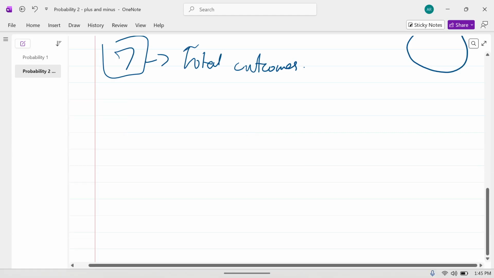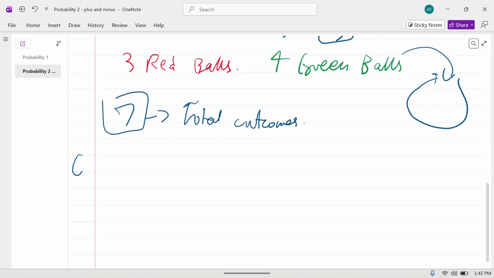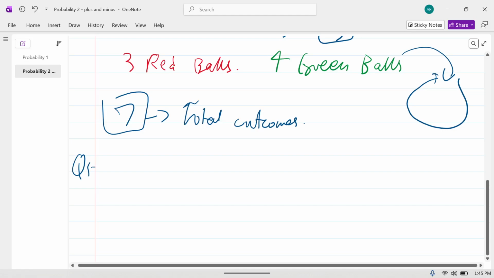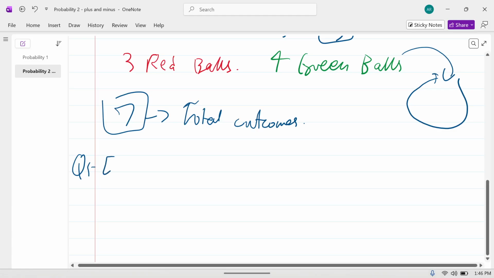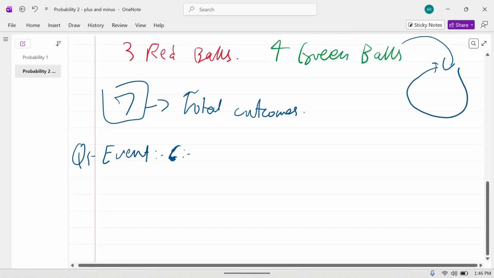Now look. Let's say the examiner says, again, I'm not going to write it again, I'm just going to tell you, Amanda is putting her hand inside the bag, right? The event now is, let's call it event C, right? We're soon going to run out of letters to denote these events.